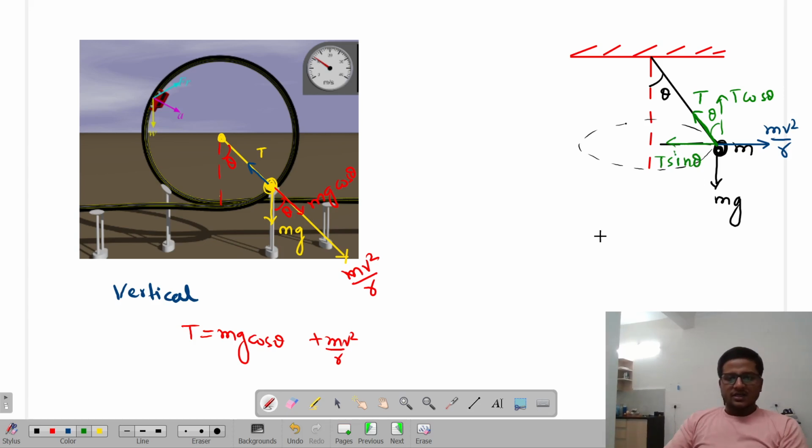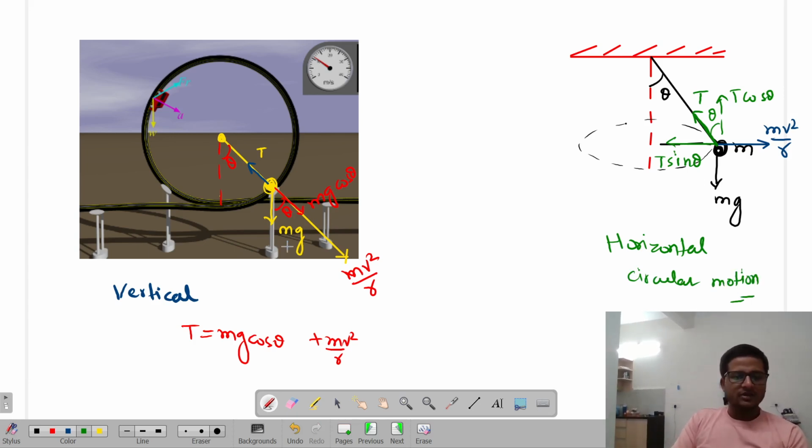Look carefully, what is the biggest difference between horizontal and vertical? Why did I compare this? If I consider vertical, I'm resolving my weight component. Tension remains as it is, because if I resolve tension, there is an extra force present. But in the horizontal case, I have these two forces directly, one in the vertical and another in the horizontal direction.